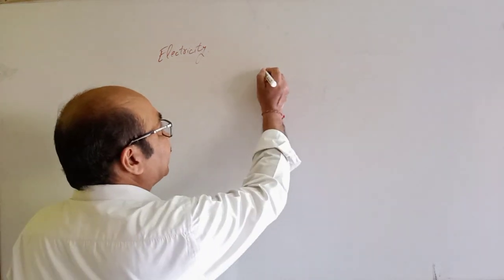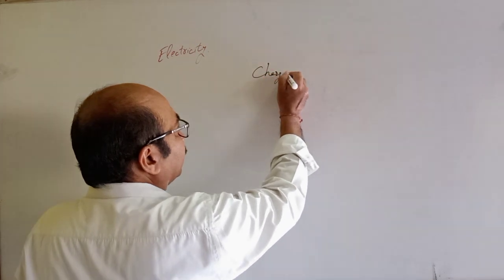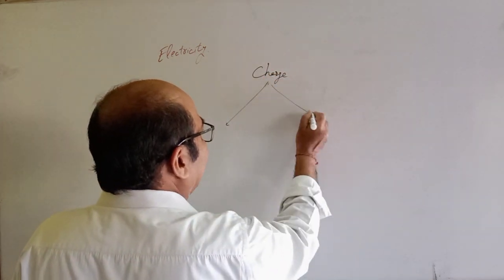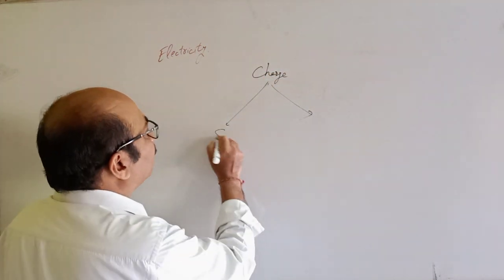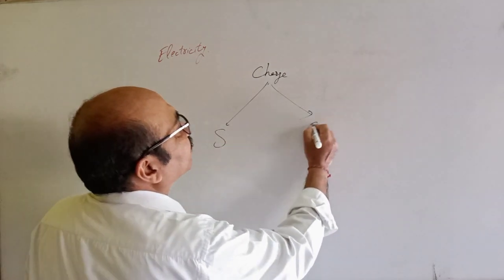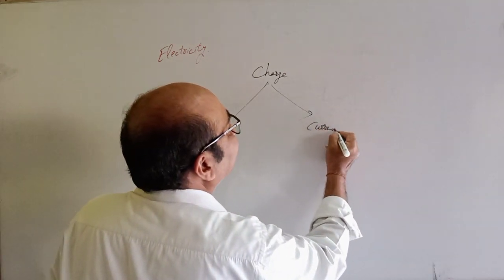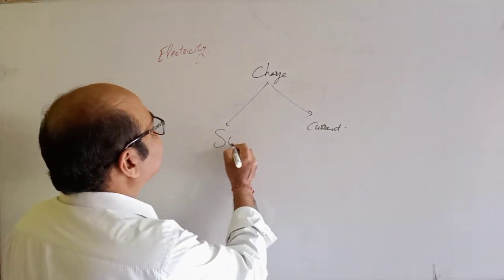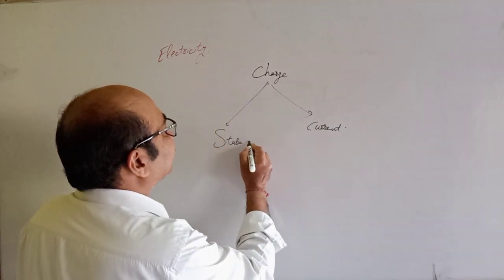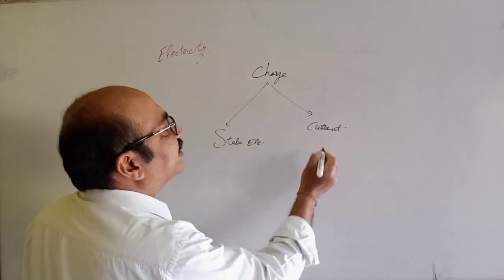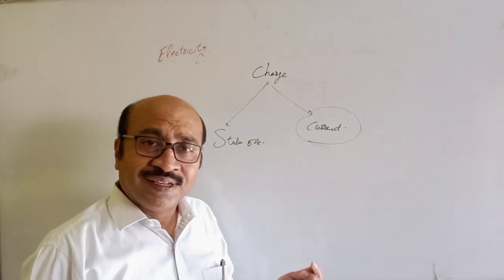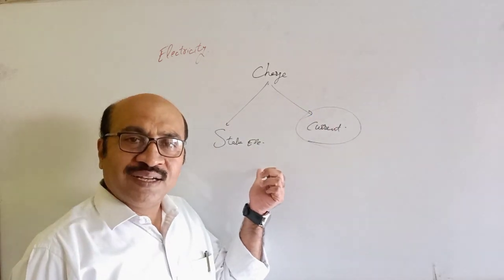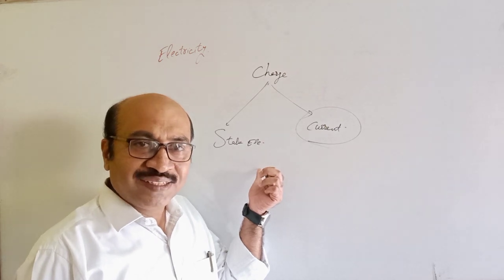So if I say charge is of two types, when the charge is moving, then it is called current or electricity. When charge is not moving, it is called static electricity. So in 10th we are dealing with this. In your lower classes you have studied about that. I think you got the point.